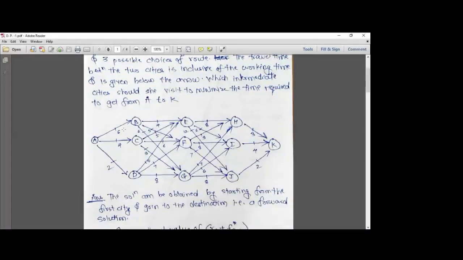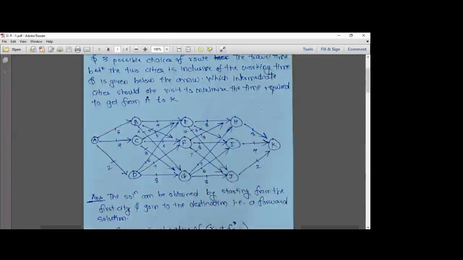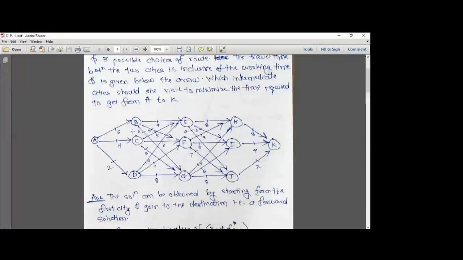Here you can clearly see that this is one intermediate stage, this is another, and this is another. From B, C, D, she will visit only one city. From E, F, G, she will visit only one city. From H, I, J, she will visit only one city.